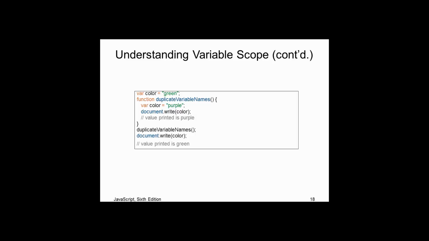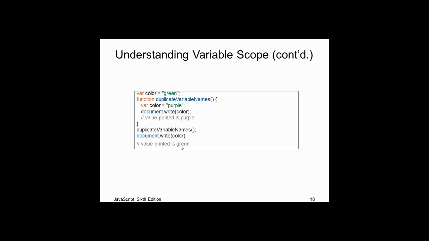Now look at it down here. We call the duplicate variable names function. This function runs. It prints out purple. But now let's look at the next line of JavaScript, document.write color. In this instance, we're not inside of the function. It prints out green, which is the value of the global variable. So whenever the function is called, it interprets for the local, and when it's not, it uses the global.